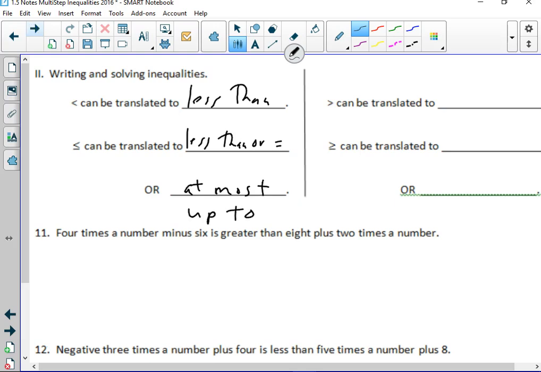Those are the words when you're translating. Like we already said, this is greater than. This is greater than or equal. And this would be words like at least, if you're translating.